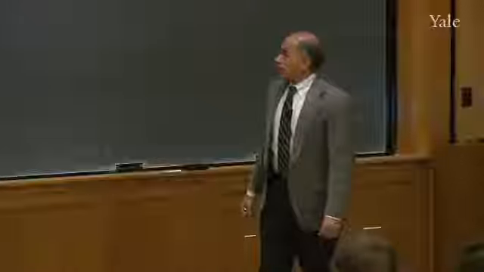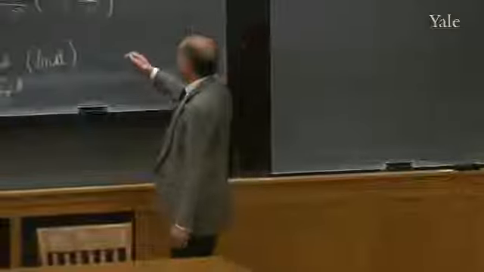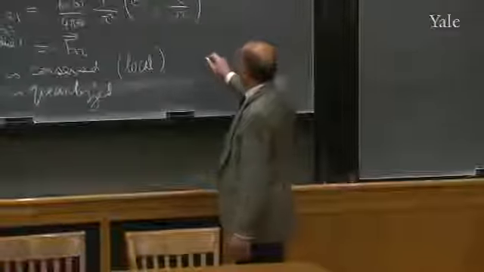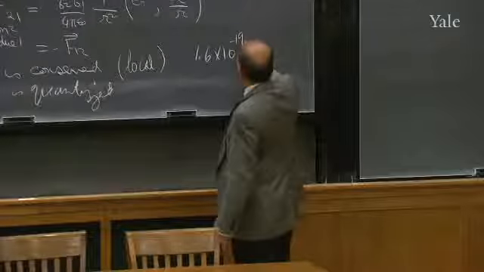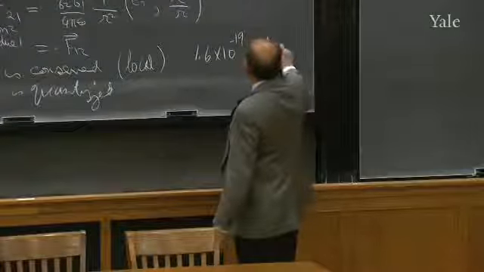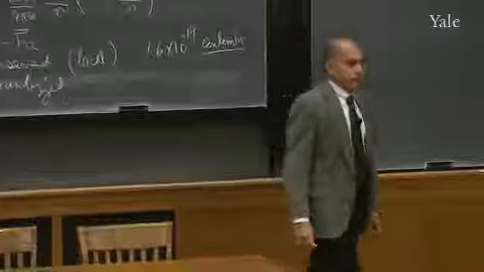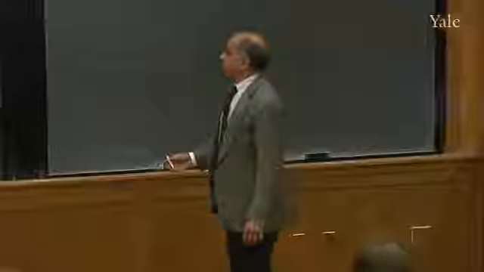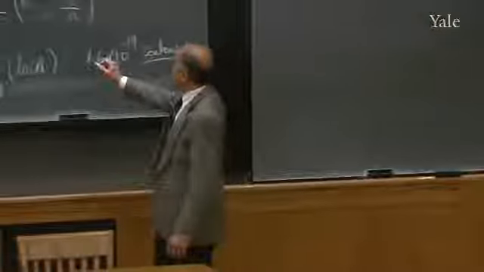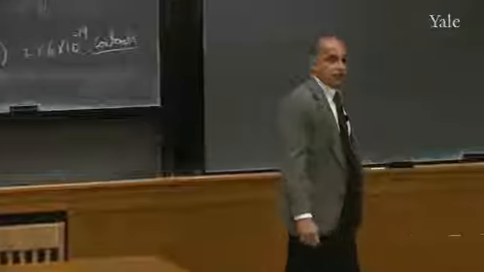As far as we can tell, all the charges we have ever seen are all multiples of a certain basic unit of charge, which turns out to be 1.6 times 10 to the minus 19 coulombs. Every charge is either that or some multiple of it. Multiple could be plus or minus multiple. So charge is granular, not continuous.